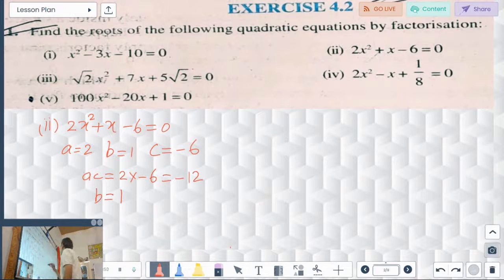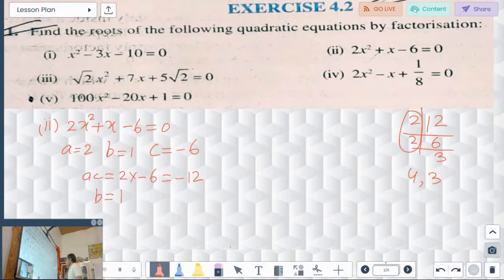So factorization of 12: 2 and 6, and again 2 and 3, and 4 and 3.